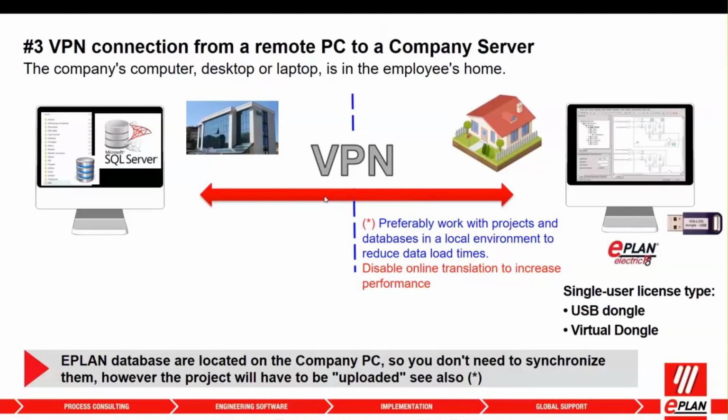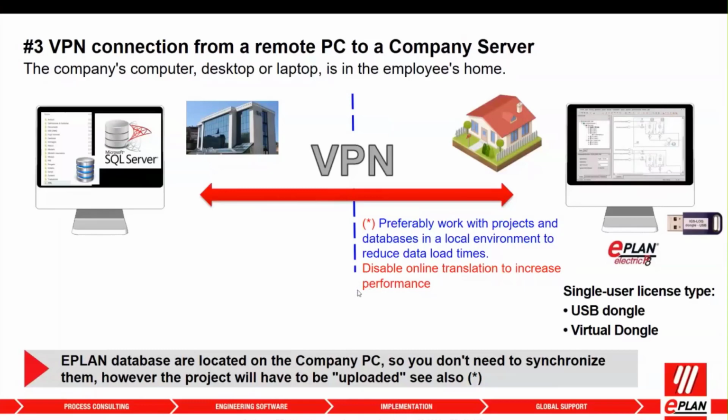experience. First, you can disable online translation and autocomplete and autocorrect, because that takes some space in the bandwidth, and it's not really important to have it, so you can disable that.